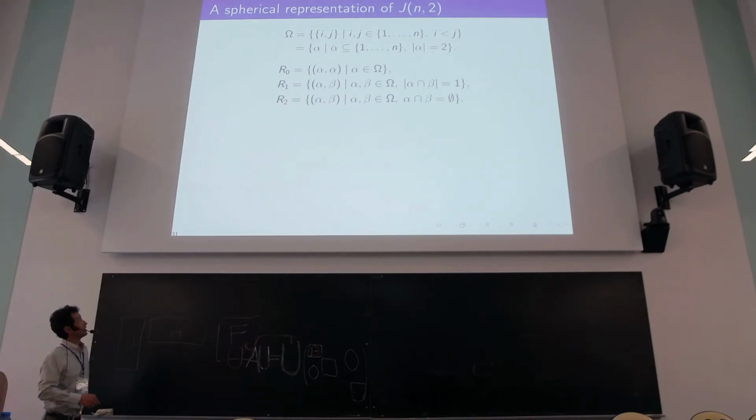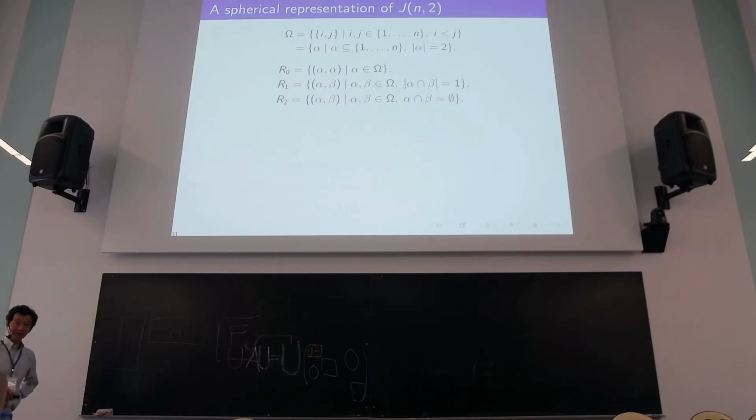You can use, in the same way, the unit vectors in n-dimensional space, where n is exactly the same as this n. So each number between 1 and n corresponds to a unit vector in n-dimensional Euclidean space. If you take two vectors and divide by the square root of n, you get a vector of length 1, which lies on the unit sphere, and you may think of this as the set ij.